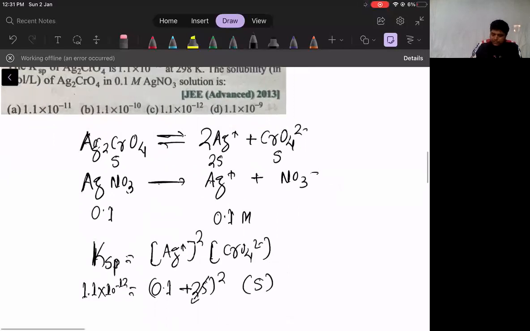Compared to 0.1, the 2S value is going to be negligible, so I am neglecting it.